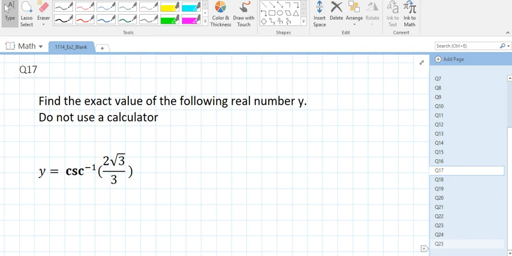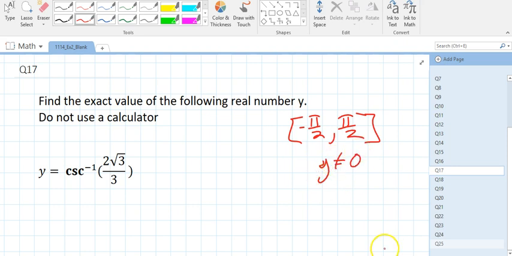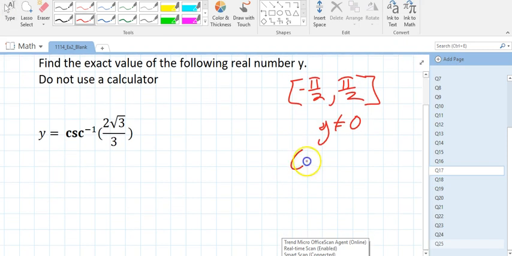All right, so here, again, we want to know what is the answer. Okay? So first things first, cosecant. What is our interval? But we cannot be 0. Okay? We'll take any number in that interval, but not 0. What quadrant is that? 1 and 4.